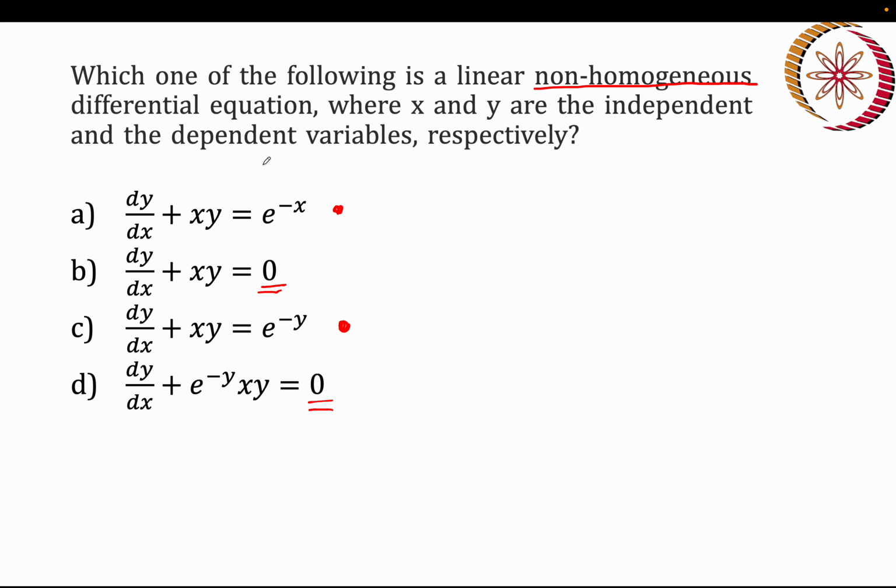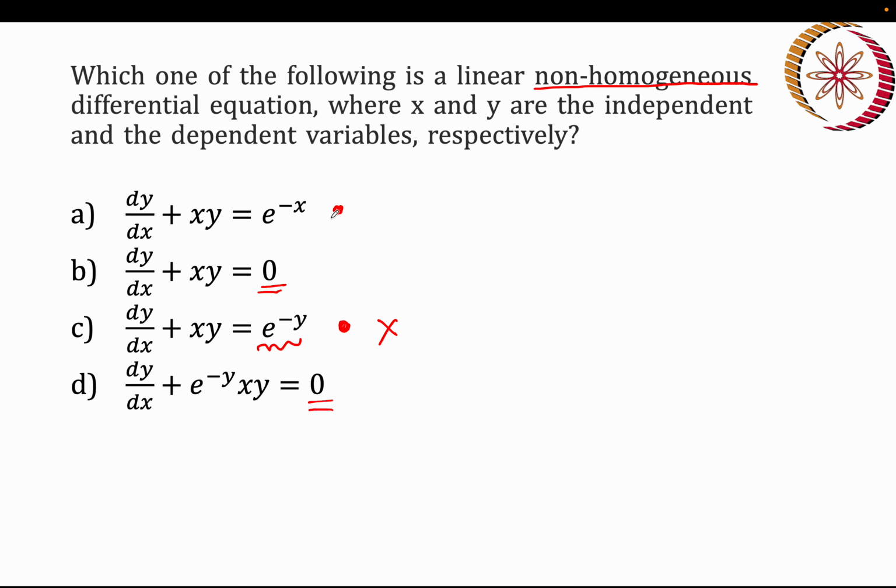Okay, and in equation C you can see that y is the dependent variable and it is present in the exponent, which is non-linear, so this is not the correct answer.